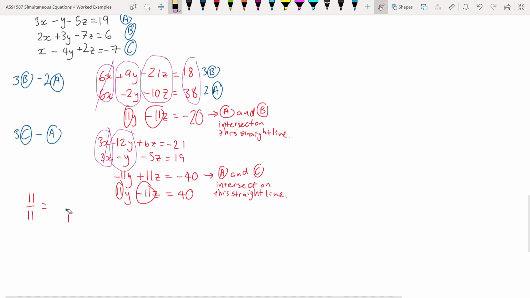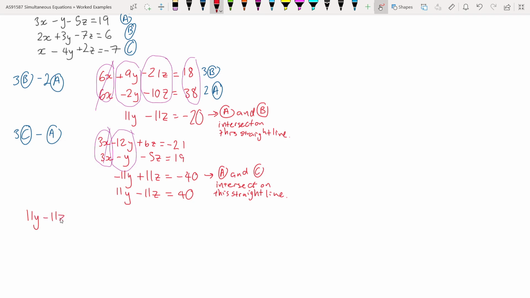Similarly, if I tried it with eliminating the y variables, the x coefficients and z coefficients would be the same proportion. So do keep that in mind when you're going forward. So as we proved that they are the same coefficients, that means that these two lines are parallel.